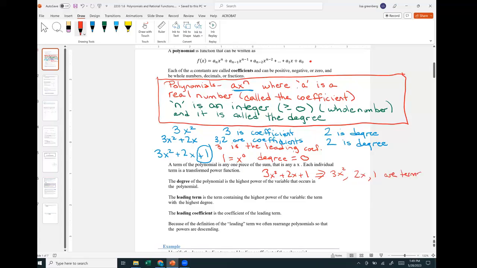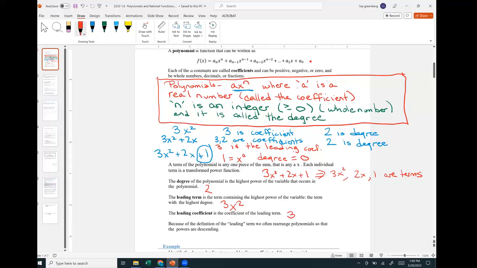They're just any piece of the sum of all of them. The leading term is the term that contains the highest power of the variable. For our example, our leading term is 3x squared, and our leading coefficient would be 3.